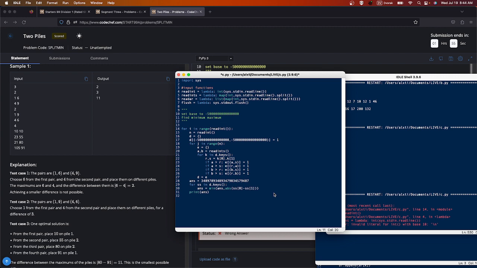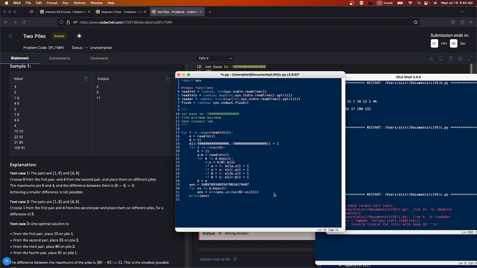Okay, let's think of it like this. You have to find the minimum maximum. Yeah, that's what we need to do, isn't it?